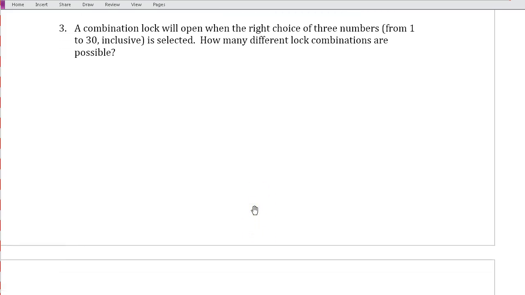So for the next example, we're looking at a combination lock. It will open when the right choice of three numbers from 1 to 30 inclusive is selected. How many different lock combinations are there? So we're going to have three numbers: first number, second number, third number.